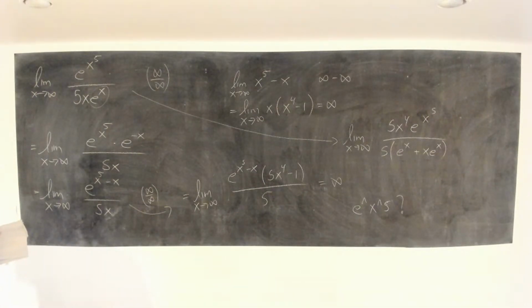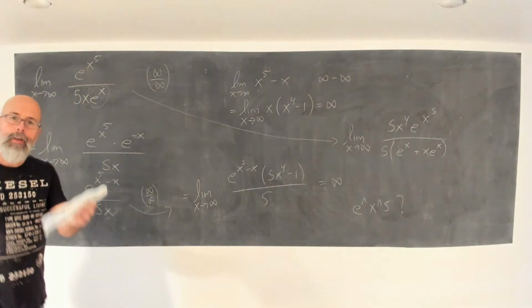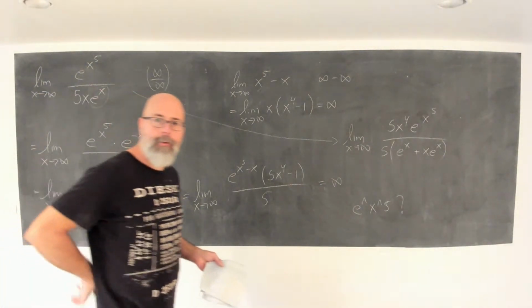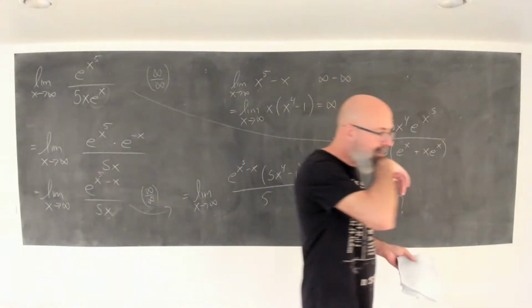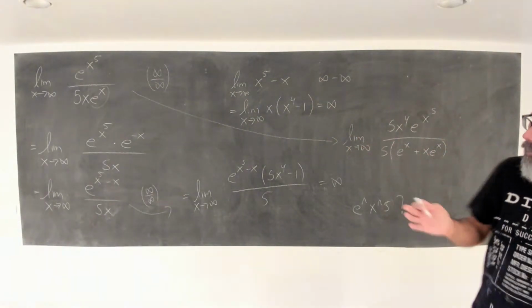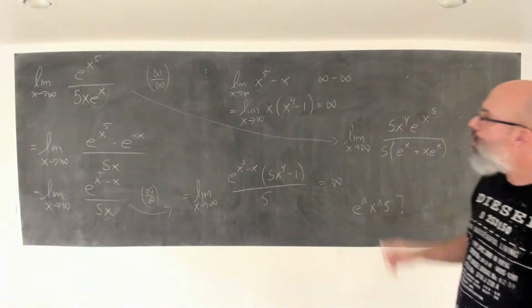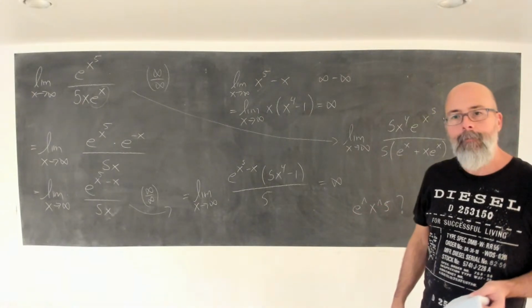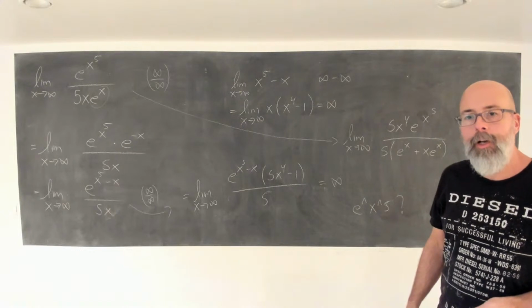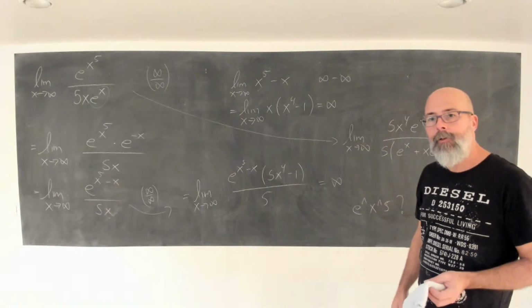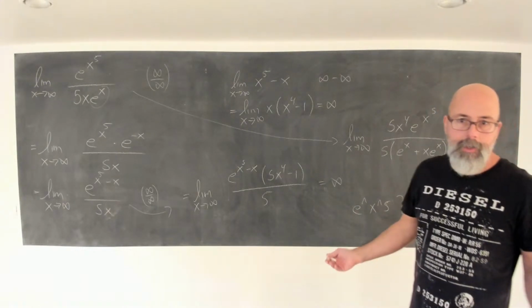If you applied ln first, it might work. So Matthew was suggesting to apply ln, to take ln of the whole thing. It's not a bad idea. Try it again, see what happens. Well, if you got e to the infinity, then it's infinity and we're done.